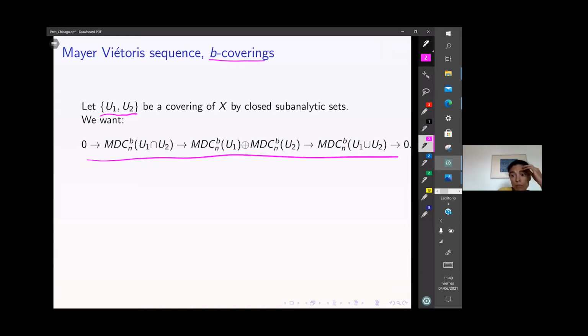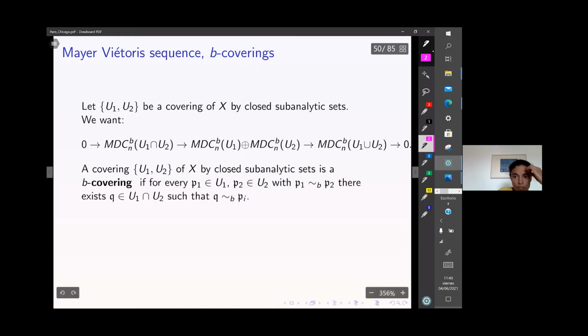And we put the condition that we would need. For example, if you consider points, you have to ask what is said here: for every point p1 in U1 and p2 in U2 that are equivalent in the union, they have to come from something in the intersection.